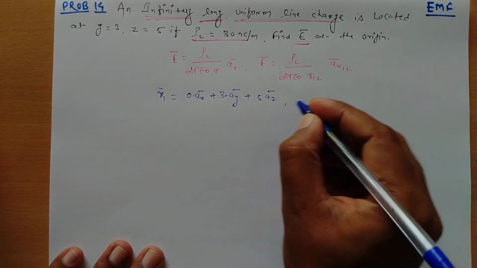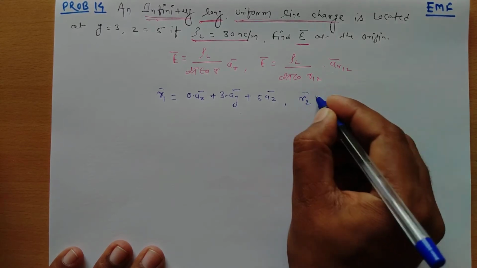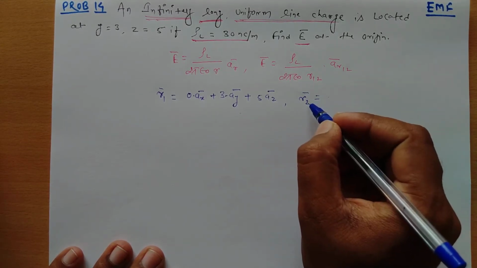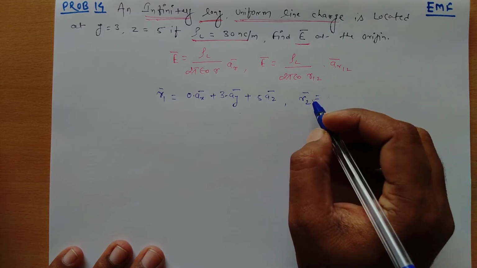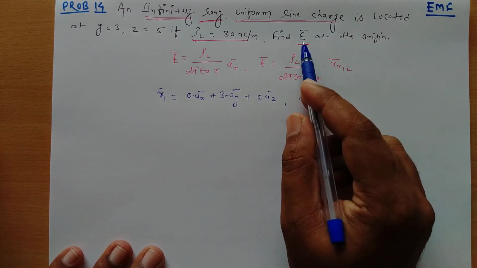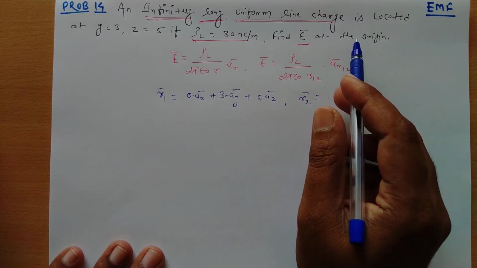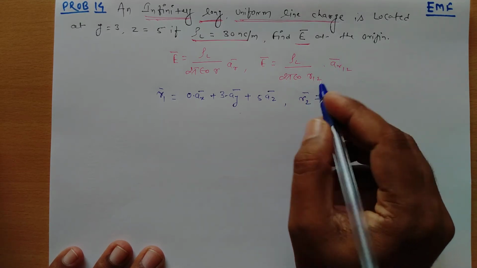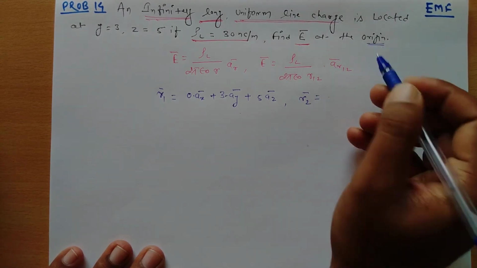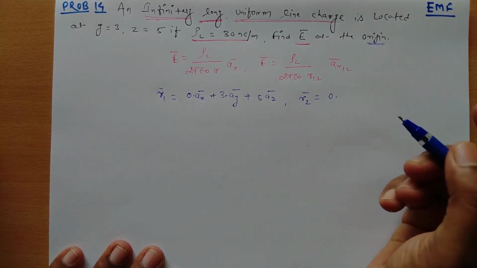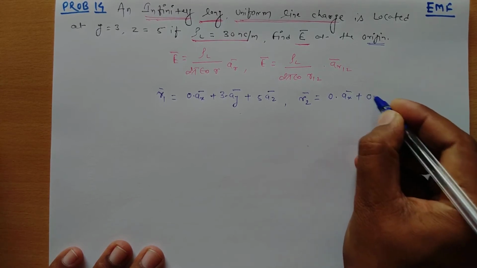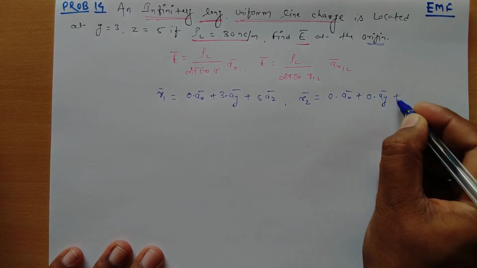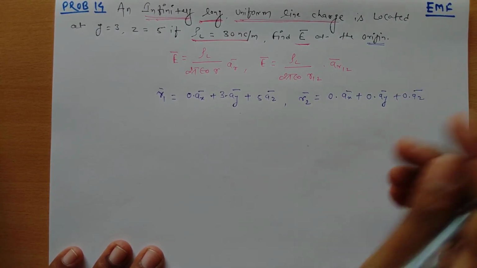And also we write the position vector for 2, R2, the location where the intensity has to be found. Because it is at the origin, the coordinates are 0, 0, 0, so 0 ax plus 0 ay plus 0 az simply.